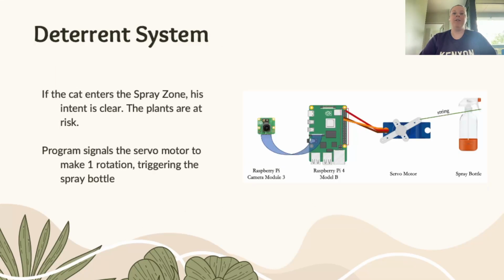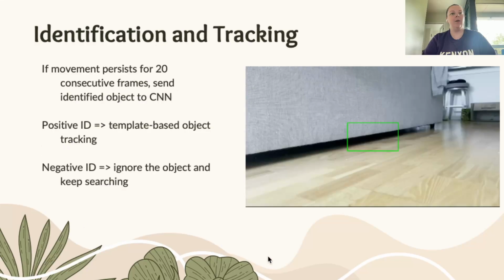Now that we've had our positive ID and we're accurately tracking Kodak as he wanders around, it waits for Kodak to overlap with this spray box right in the middle.